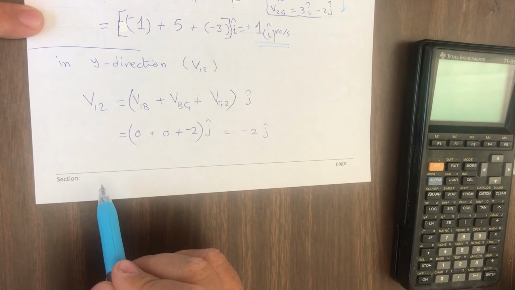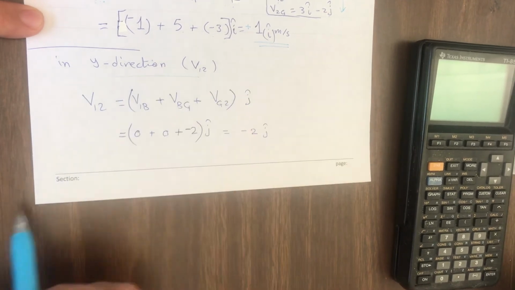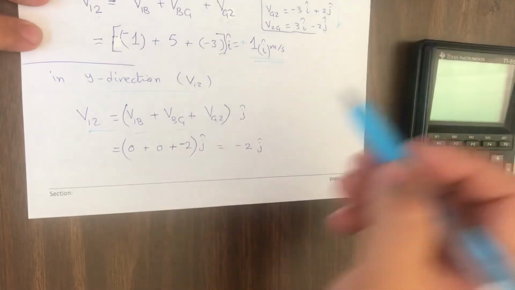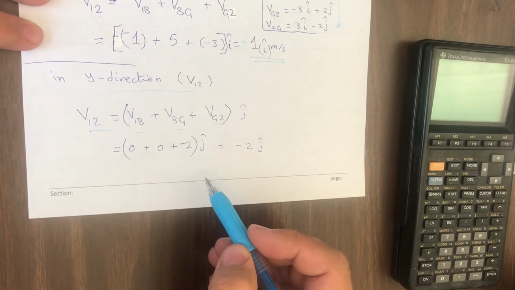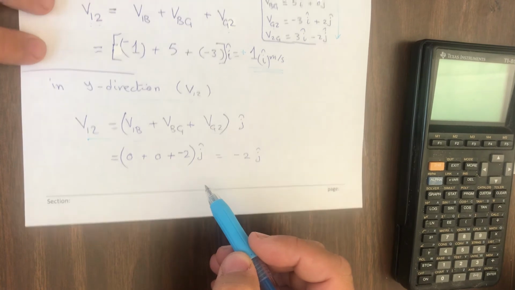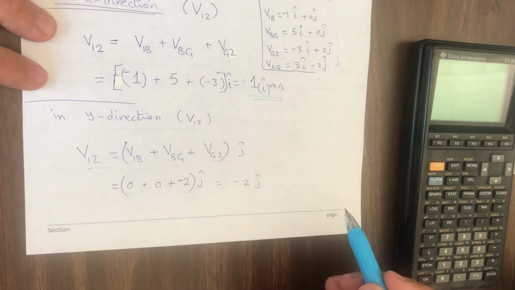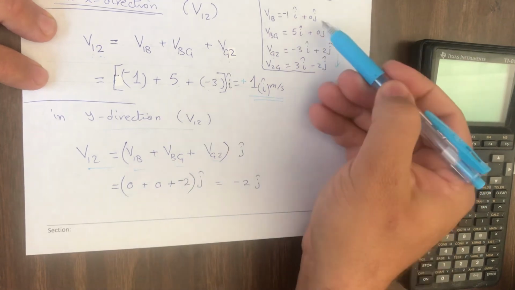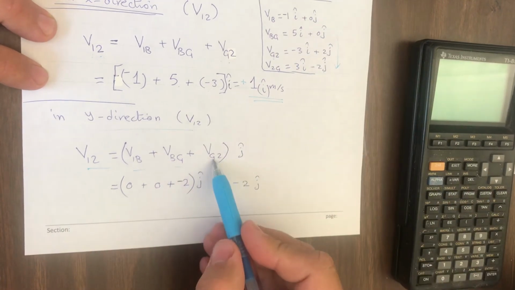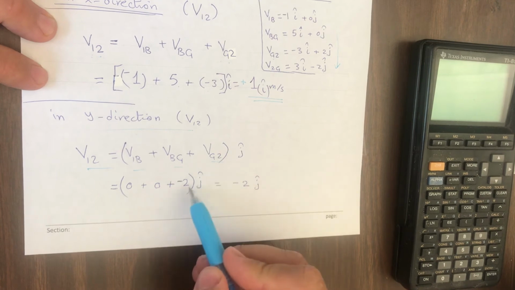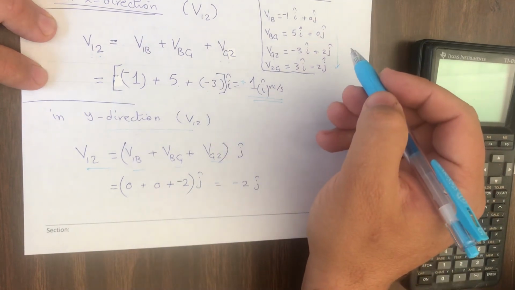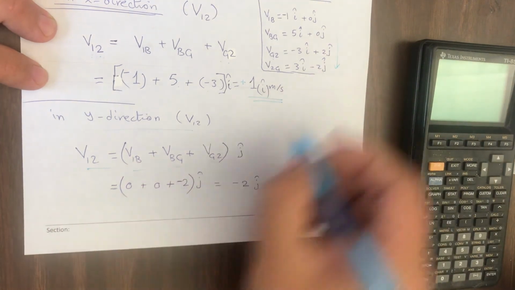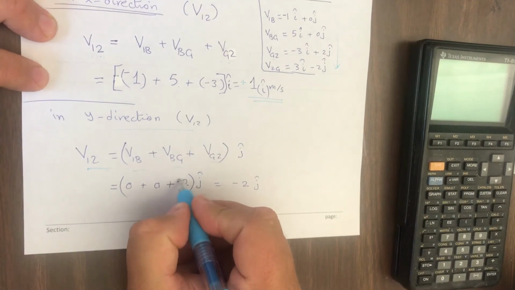What about in y direction? In y direction we need to use the y components and just add them together. It is v1b, vbg, they are 0, 0, and v of the ground with respect to that person, which is, sorry, it is not minus 2, it is plus 2.